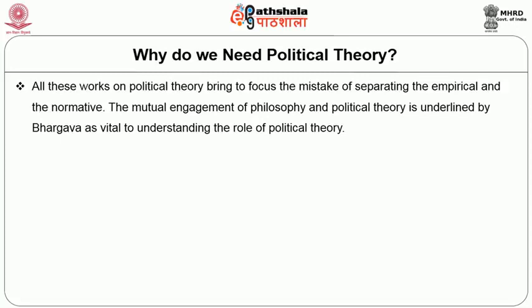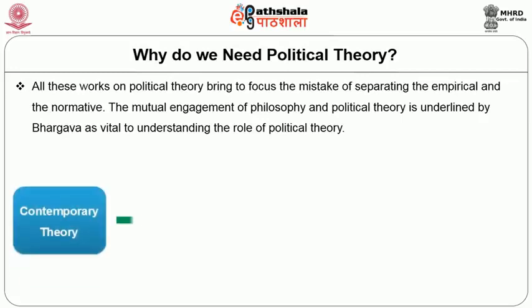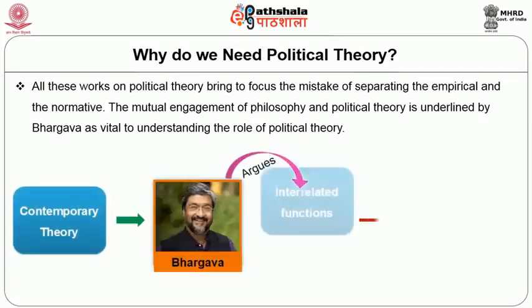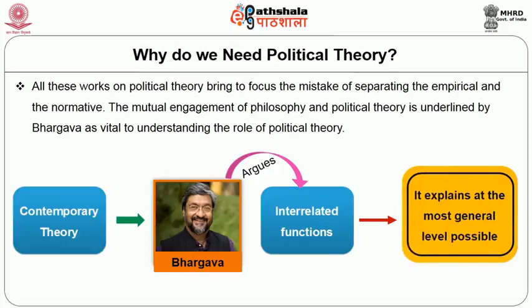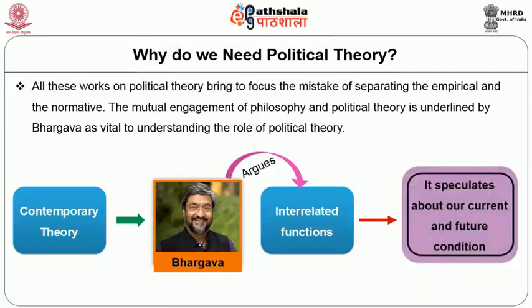The mutual engagement of philosophy and political theory is underlined by Bhargav. Contemporary theory, Bhargav argues, performs 4 interrelated functions. Firstly, at the most general level possible, it evaluates and tells us what we should do and speculates about our current and future condition.